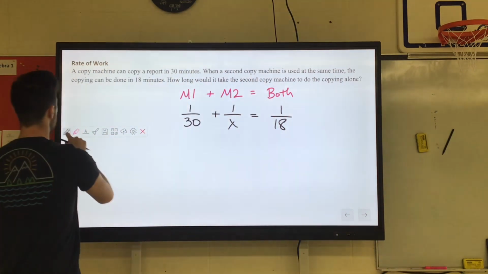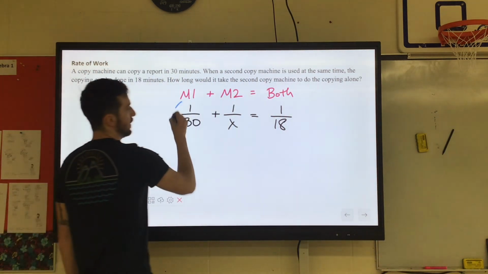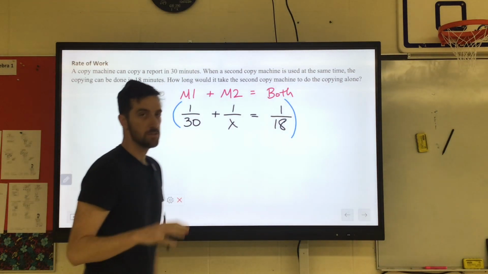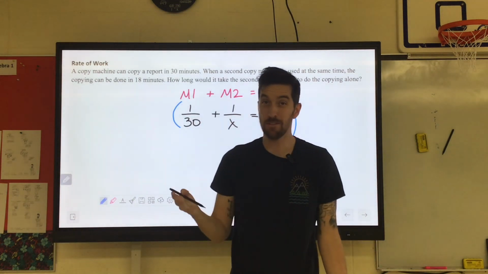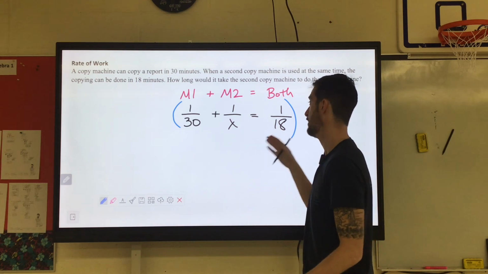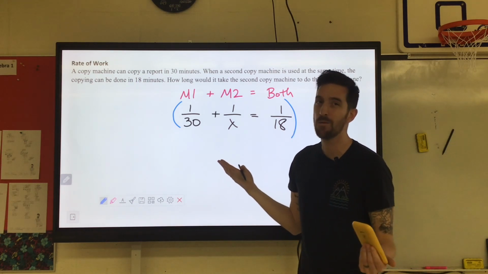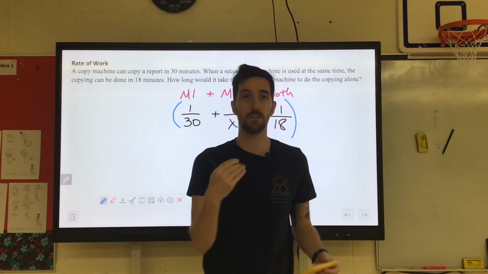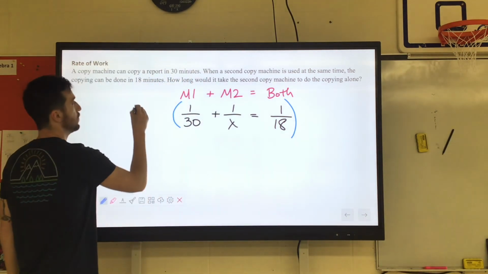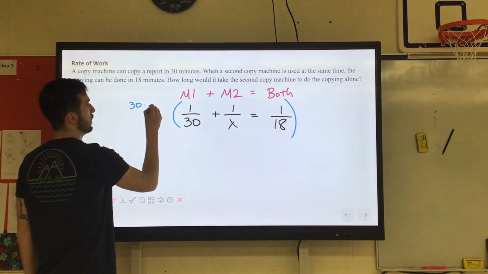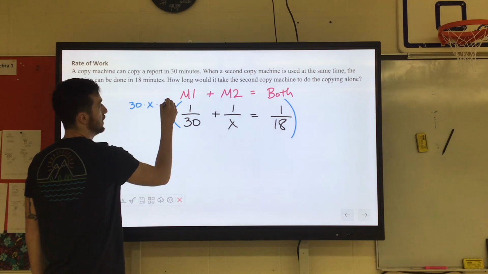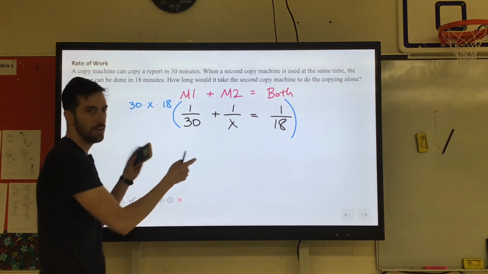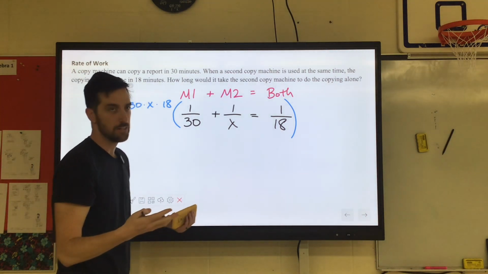Now we're going to multiply here and clear out these fractions. We're going to use a common multiple. Now you could find the smallest number that 30 and 18 go into, or what I think is easier is just include all the denominators. So we're going to multiply by 30 times x times 18. And when you do that, every one is going to have something in the denominator that cancels.